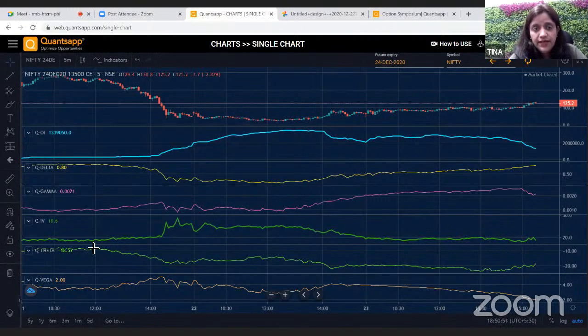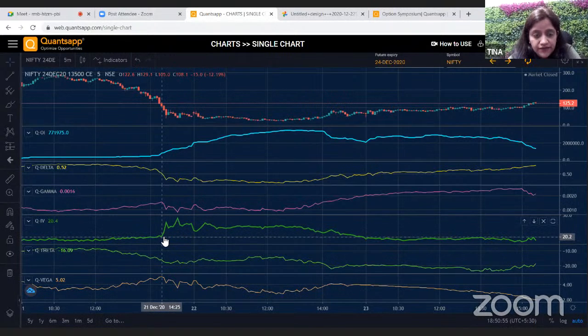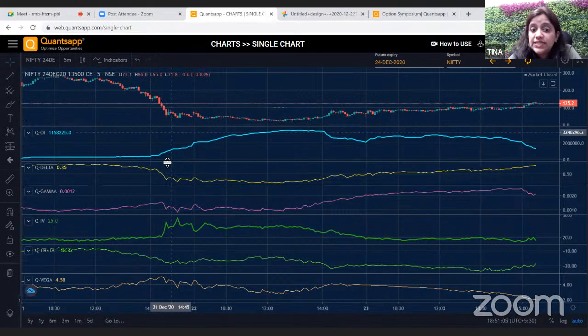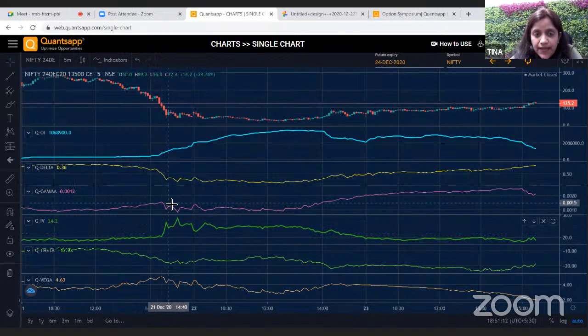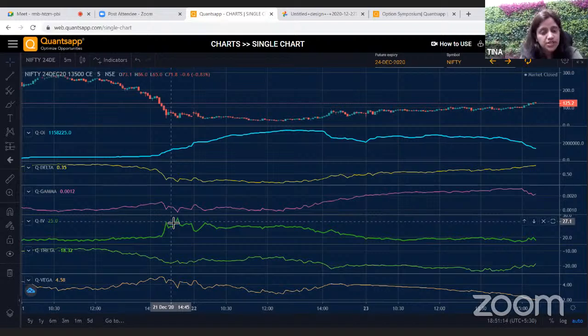Right? Similarly, you can see how the intraday IVs have been. You start seeing the jump in IV. When we saw this fall on the 21st, it was accompanied by a significant jump in the IV. When you're a trader and you see this spike coming up, that means things are changing. It's not as it was earlier.